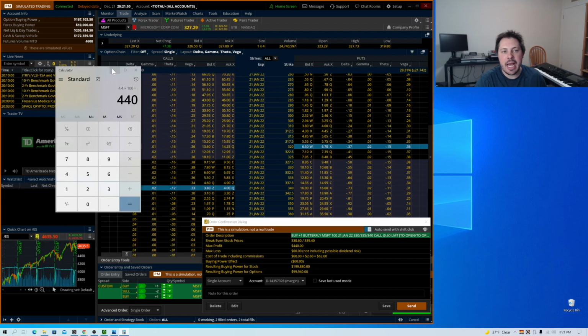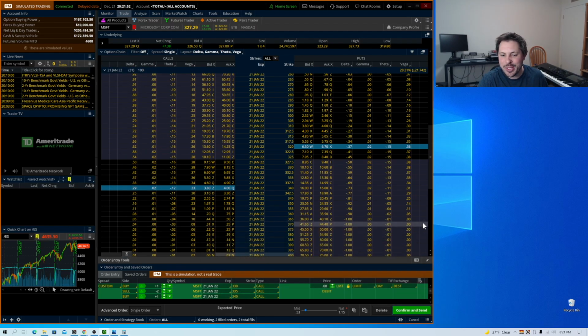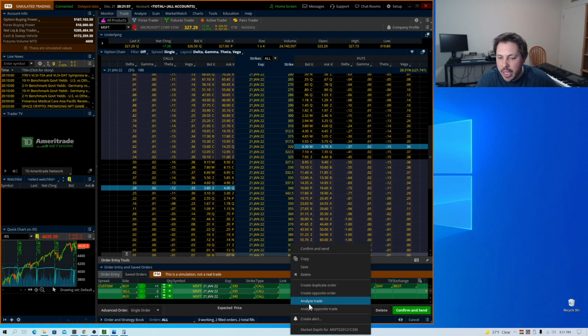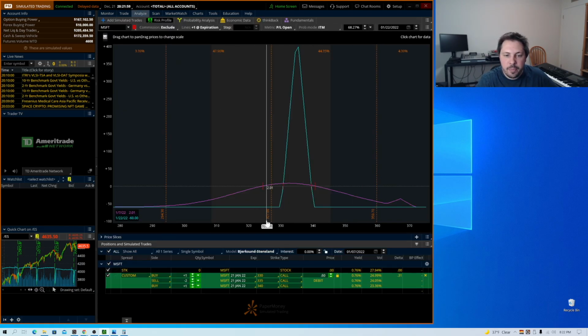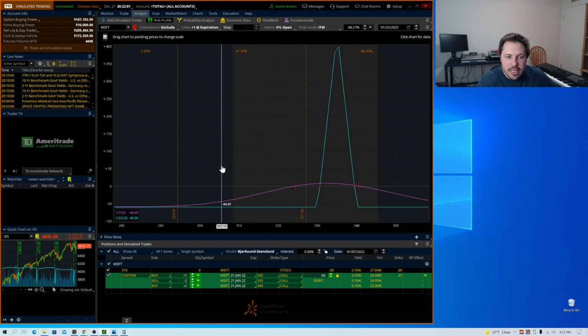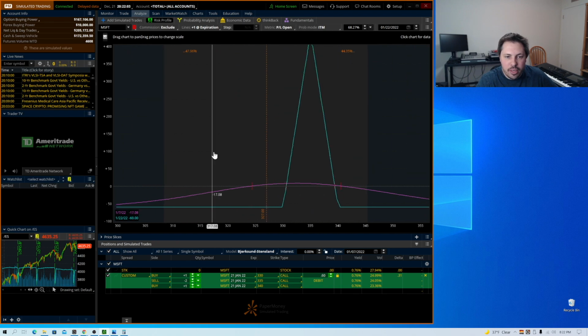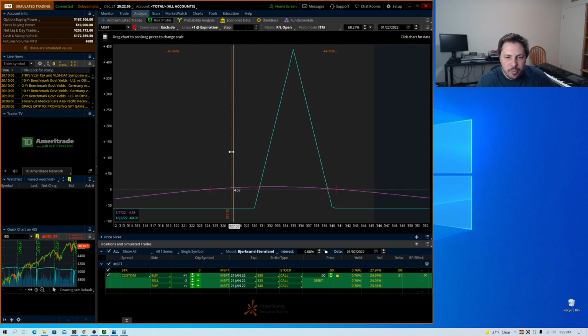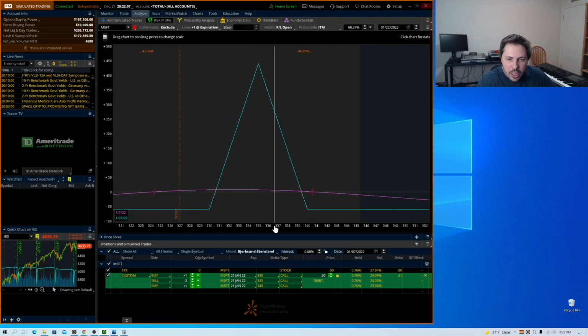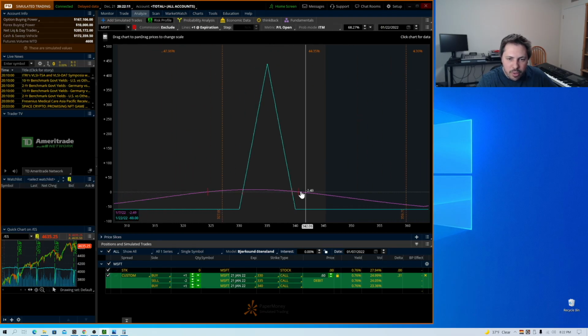But let's actually take a look at what this looks like, right? So if we keep it at that 60-cent debit, and now we hit analyze trade, we're going to get this type of graph here where the center part of this butterfly is at 335, right?